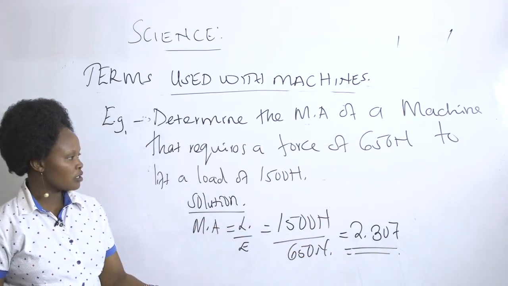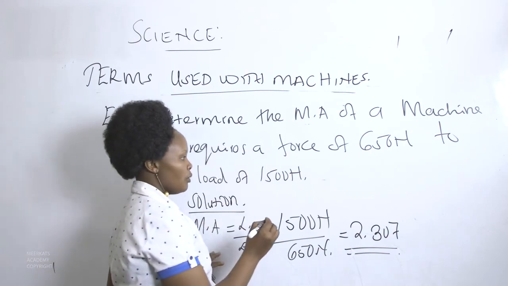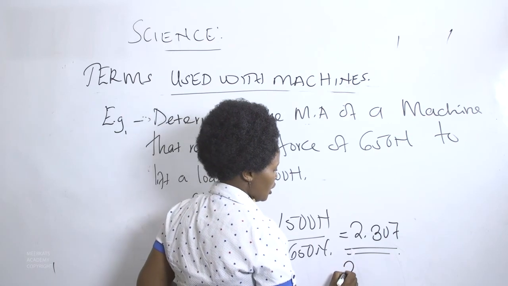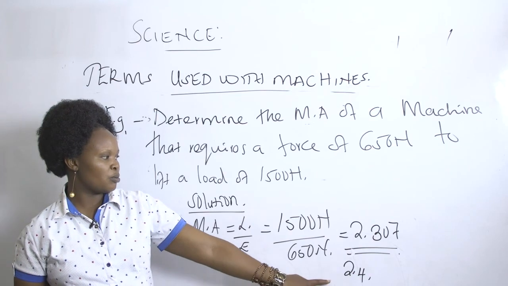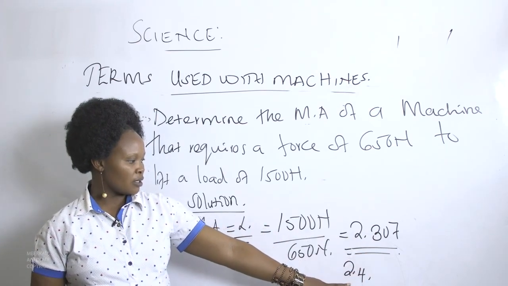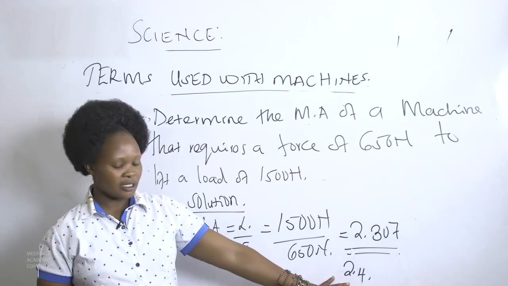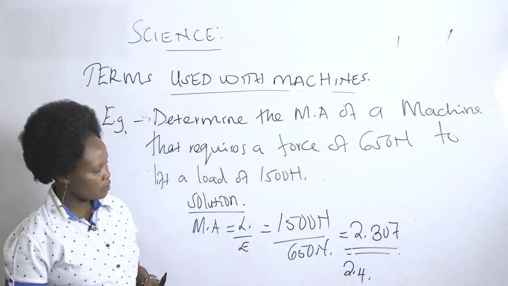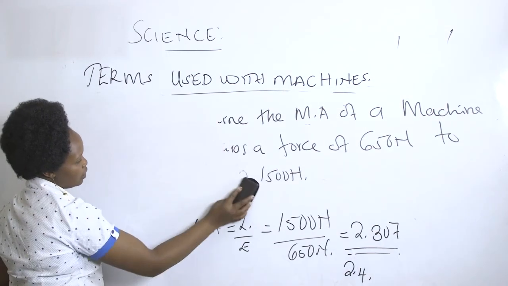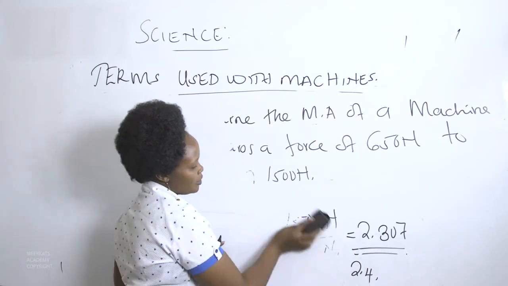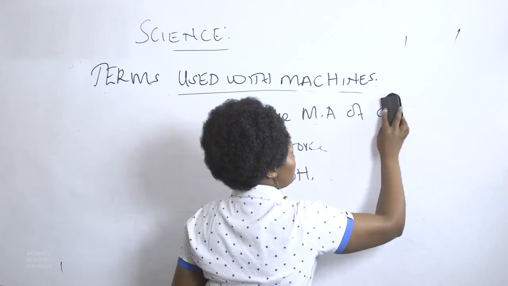Now, from the previous example, we had our mechanical advantage at 2.4. This time we are at 2.3, slightly lower. But we would expect a machine to help us a greater deal. Why then is it that the value of mechanical advantage does not go as high as we would expect it to be?